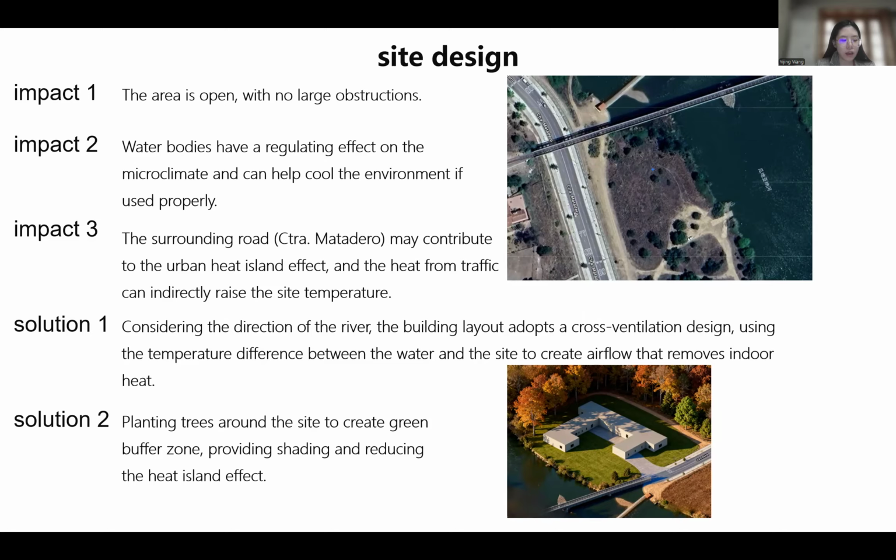Our solutions are to use cross ventilation, creating airflow between the water and the site to remove indoor heat, and to plant trees around the site, creating a green buffer zone for shading and heat island mitigation. We also propose introducing water bodies into the courtyard. This lowers the temperature without adding extra moisture.